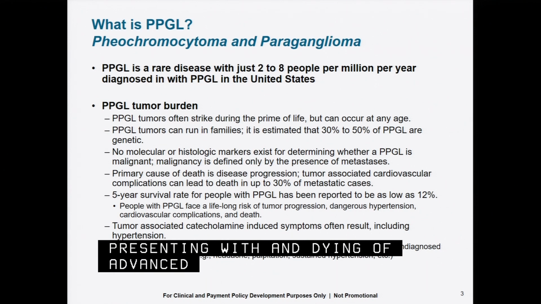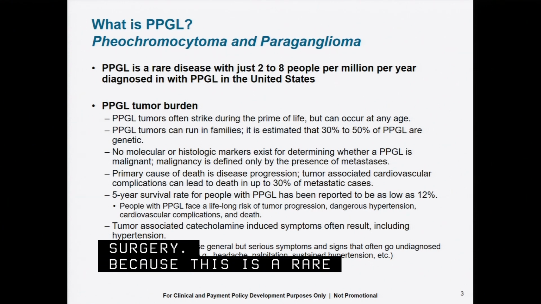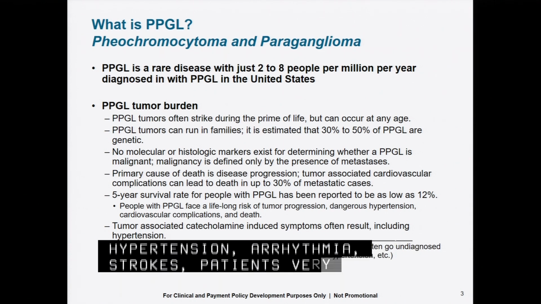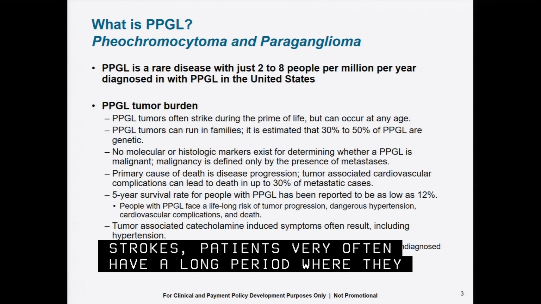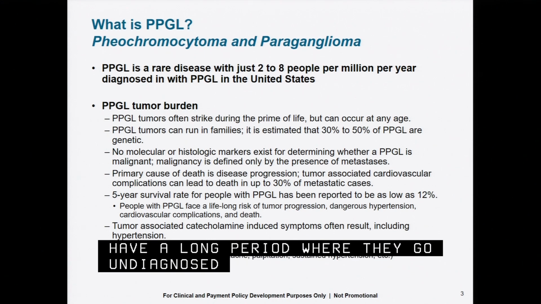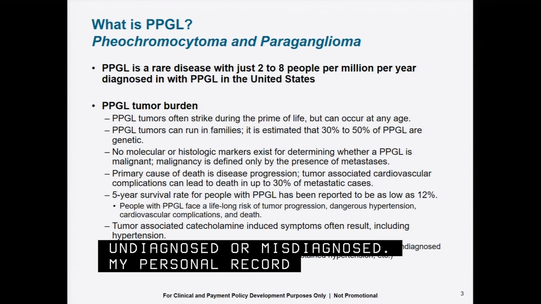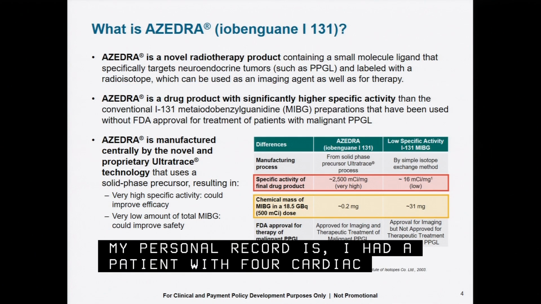And because this is a very rare disease causing very common symptoms, hypertension, arrhythmias, strokes, patients very often have a long period where they go undiagnosed or misdiagnosed, with many patients succumbing before they get the true diagnosis. My personal record is I had a patient who had 4 cardiac arrests before they realized that there might be something else causing it. Luckily, she was resuscitated 4 times.